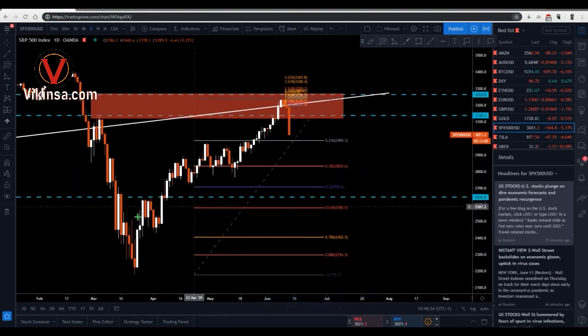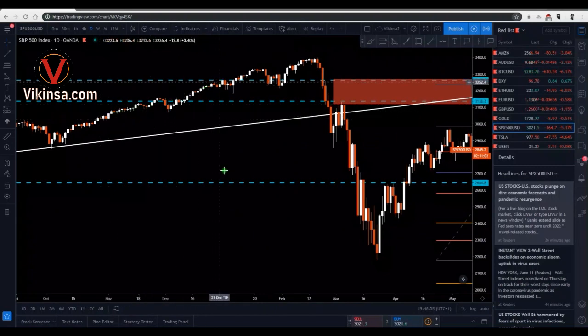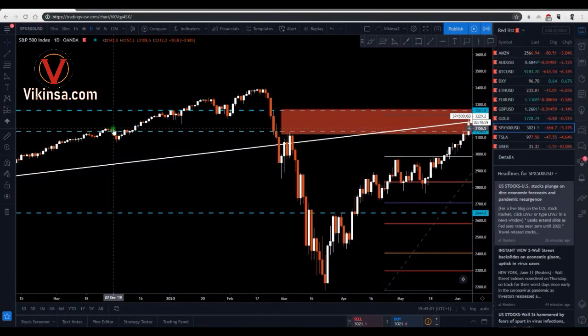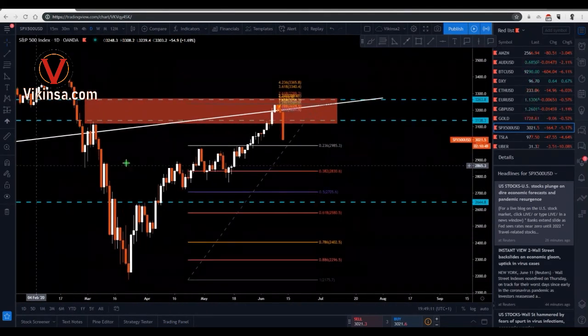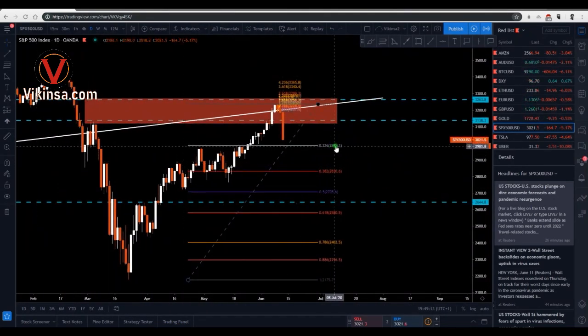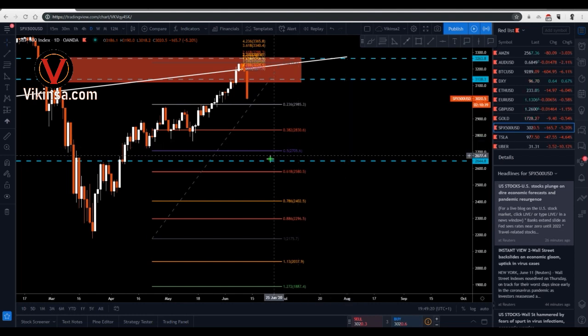However, because the market has been overstretching, and we know from past history that it has a tendency to overstretch, and usually when the correction comes, it is very quick, but it doesn't go very deep at times. So we can expect market to come to 23.6 as our first target, and then 38.2. If the market becomes really bearish, then we can expect market to come to 61.8, which is going to coincide with the previous structure.